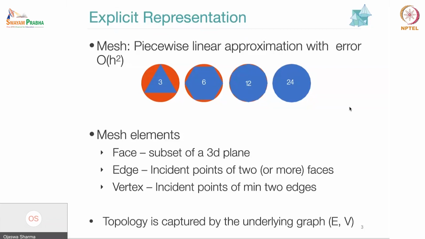The boundary of a one-dimensional object is going to be a point, but a circle is a closed shape, so it may not have a boundary. A disk is a 2D shape, a two-manifold.